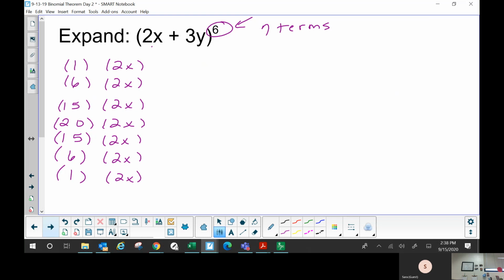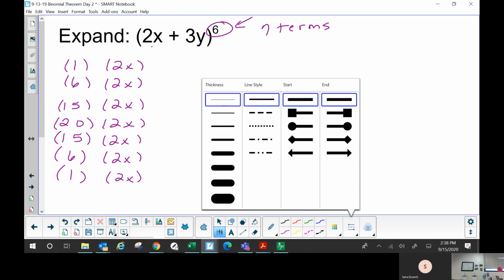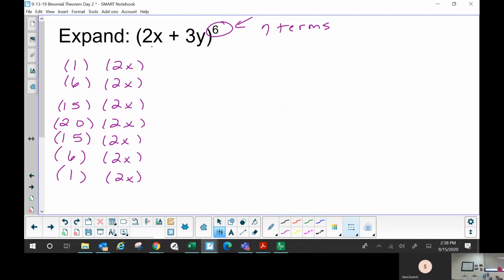Okay. And now let's do the next term and then we'll fill in our exponents. Next term is positive 3y. So you're going to write that out 7 times.